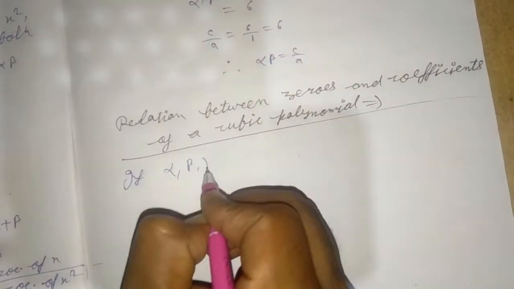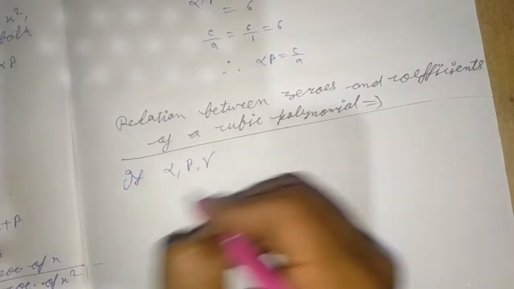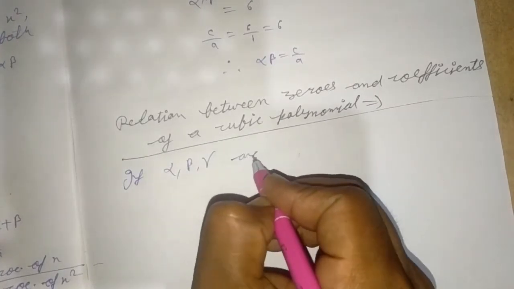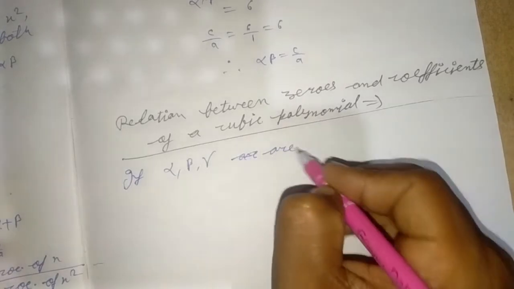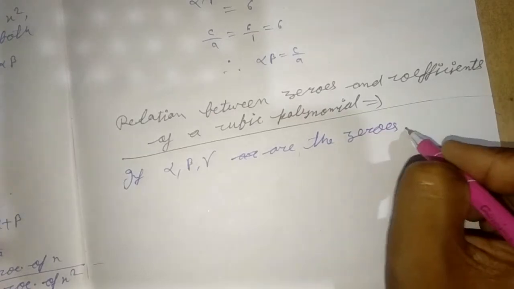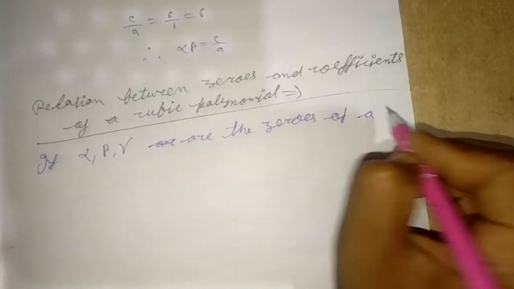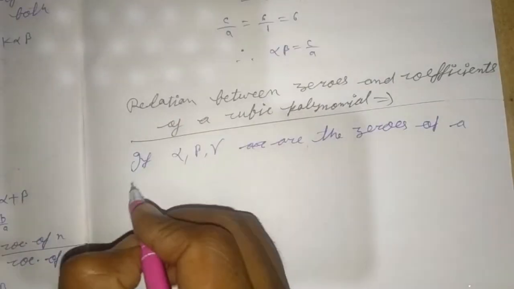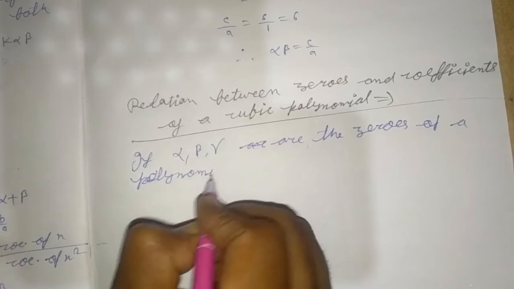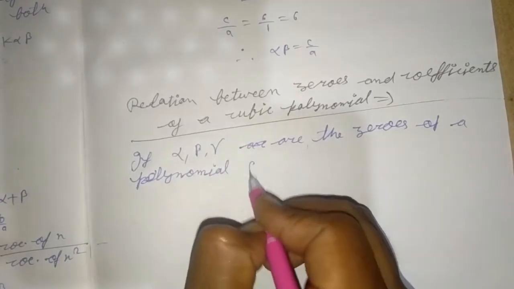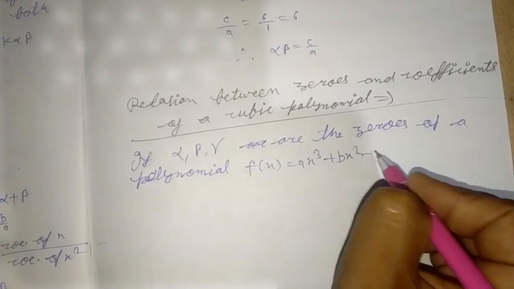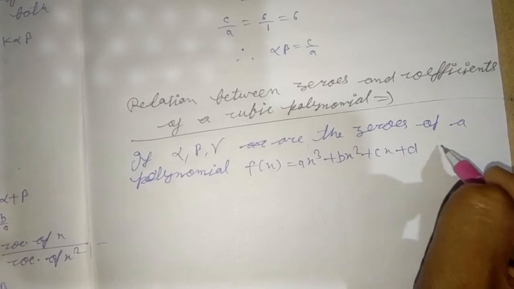alpha, beta and next gamma, these are the Greek alphabets, are the zeros of a polynomial f(x) equals ax cube plus bx square plus cx plus d.